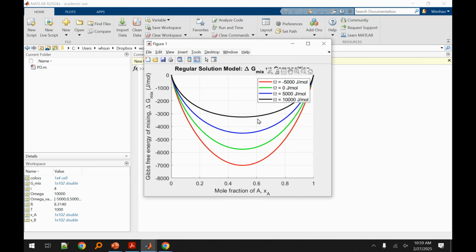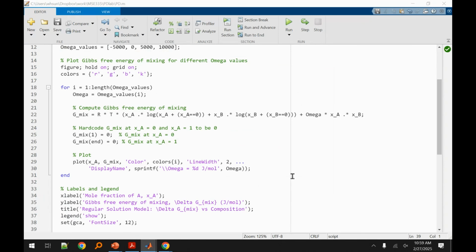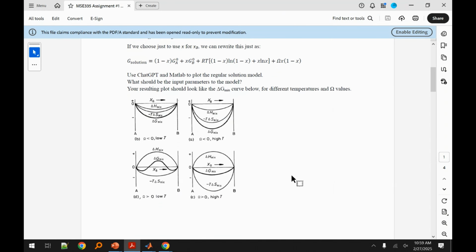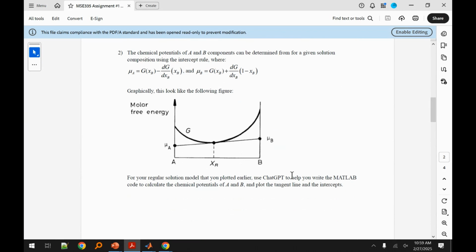Now the second problem is to calculate the chemical potentials. This is something that we need in kinetics a lot. If you know the solution model and you use the intercept rule, you can get the chemical potentials.